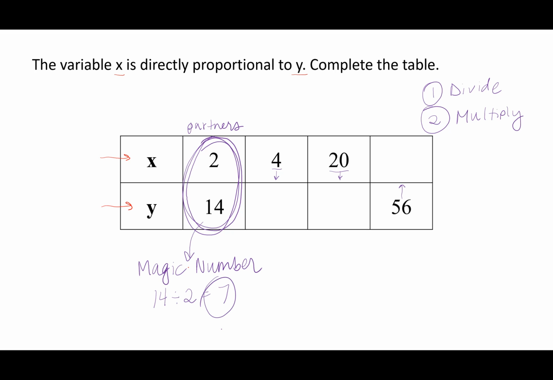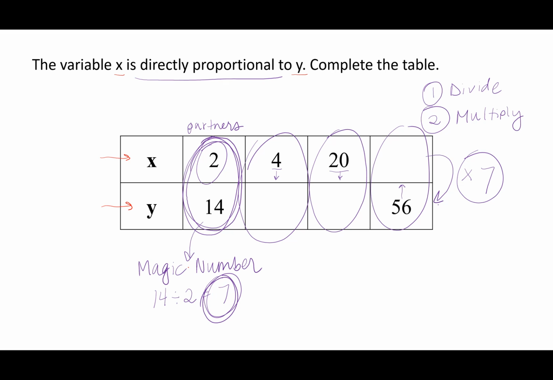So what I can say is that the relationship between every value of x and every value of y in this table can be found by taking the x value and multiplying times 7. That's what directly proportional tells us, is that every single pair in this table is related the same way by finding that magic number and saying, okay, if I'm going from x to y, I need to multiply times 7 because 2 times 7 gives us 14.